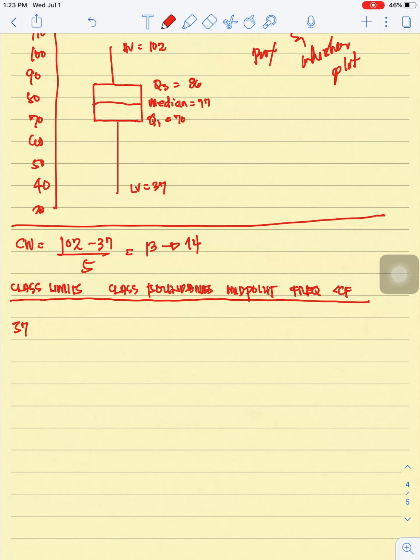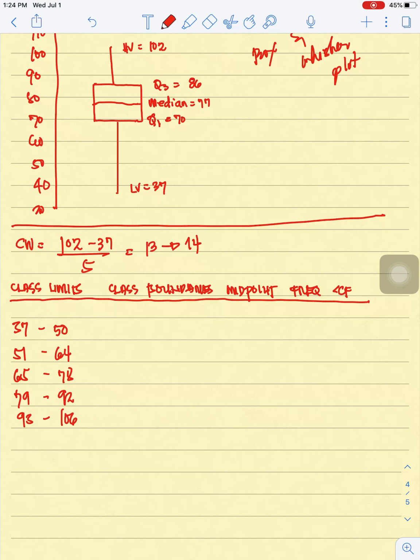So 37 plus 14, we have 51, plus 14 is 65, plus 14 is 79, plus 14 is 93. For the upper limit, since this is 50, then 50 plus 14 is 64, then 78, then 92, plus 14, we have 106.